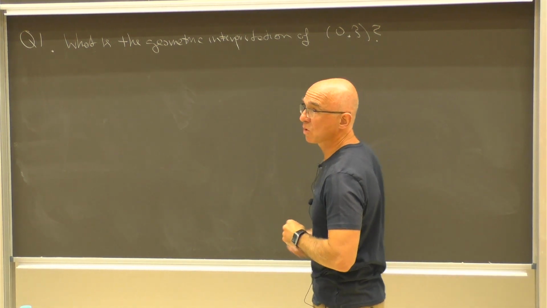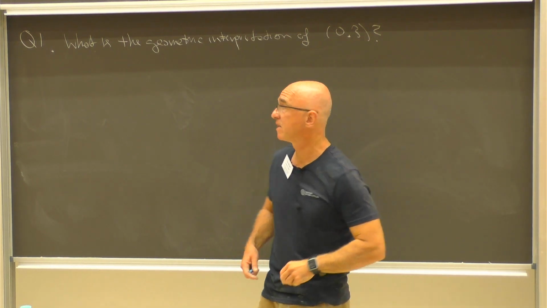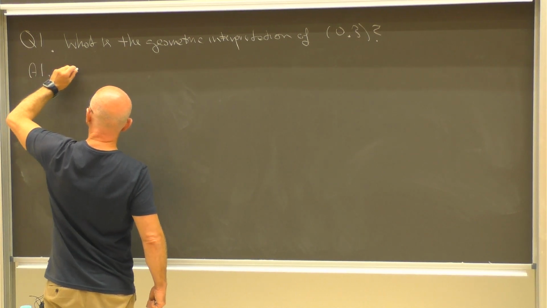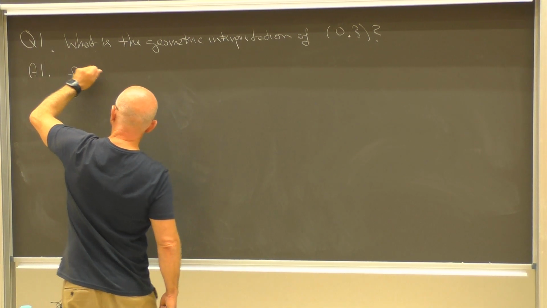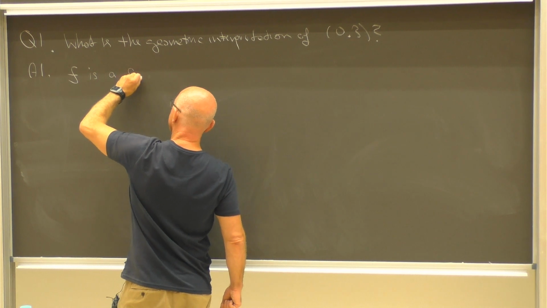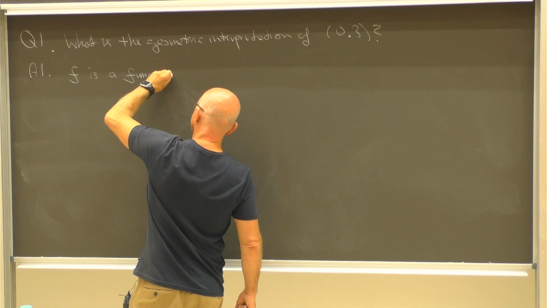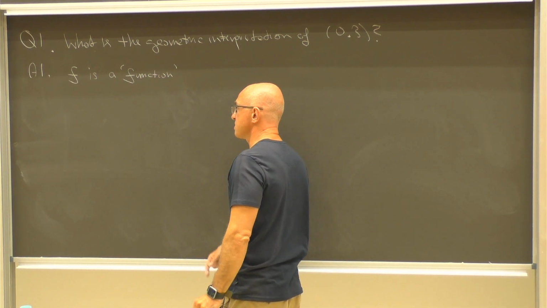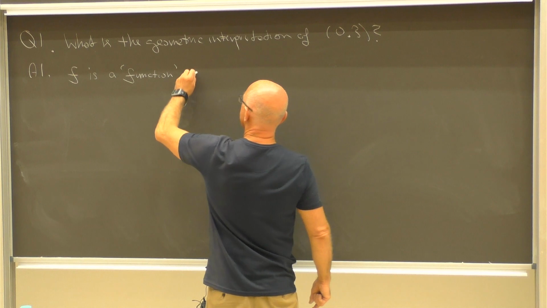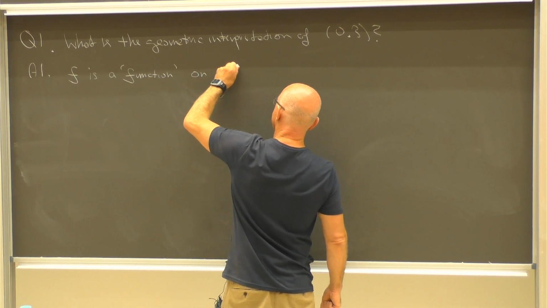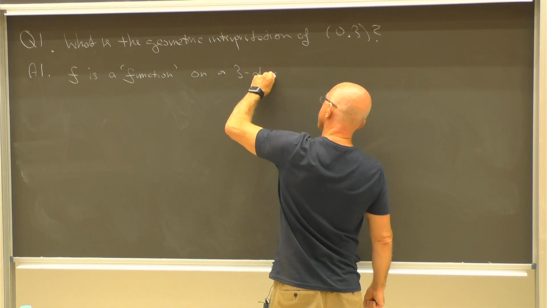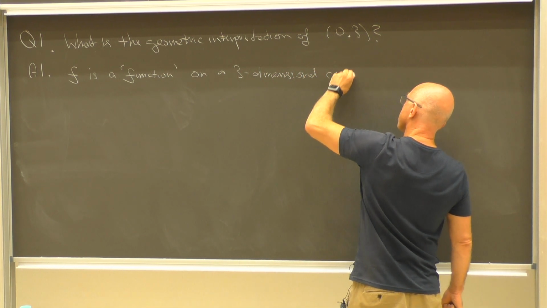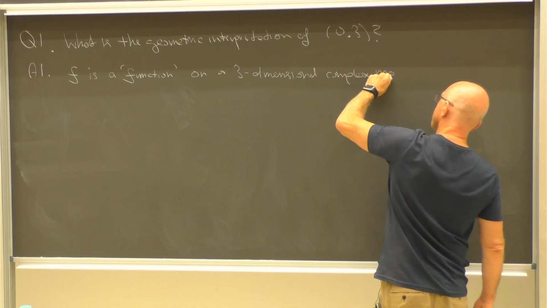Okay. So, for example, where is this function f defined? The answer will be f is a function, and I say function in inverted commas because it's really not quite right, and I'll come back to this, but f is a function for now on a three-dimensional complex manifold.